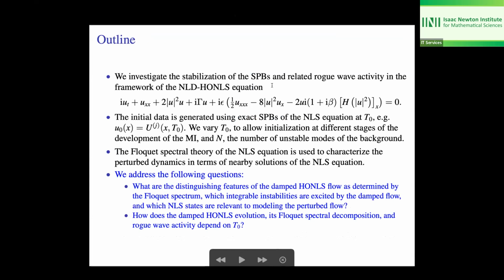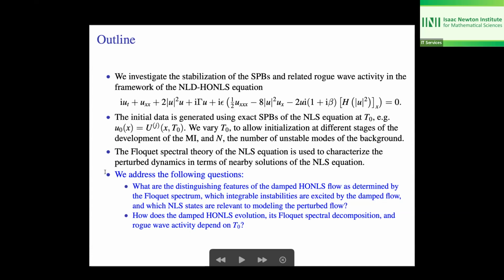And so the initial data is generated using exact SPBs of the NLS equation at time T0, big T0. And so what we will be doing is varying T0 to allow for initialization at different stages of the development of the modulation instability, and will vary the number of unstable modes of the background.